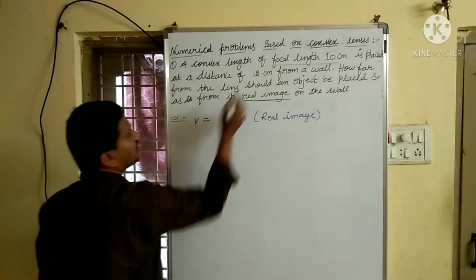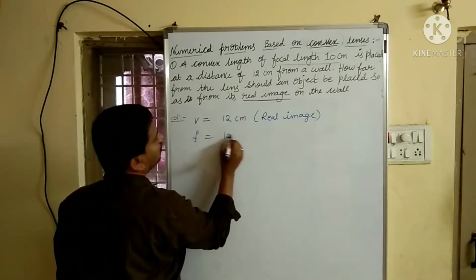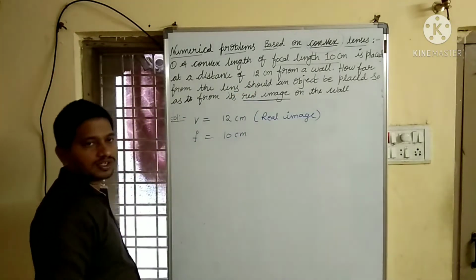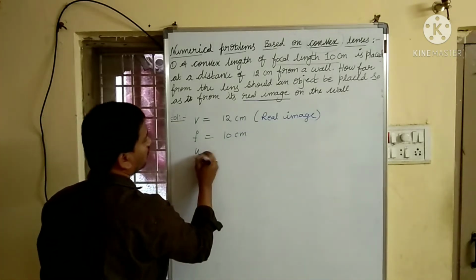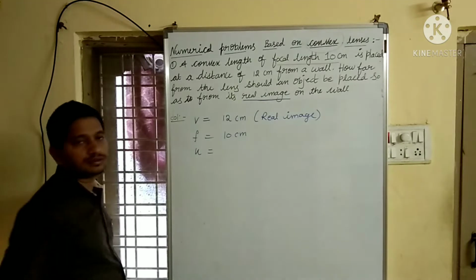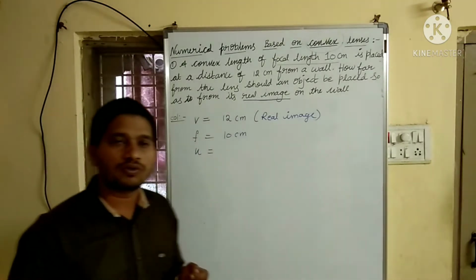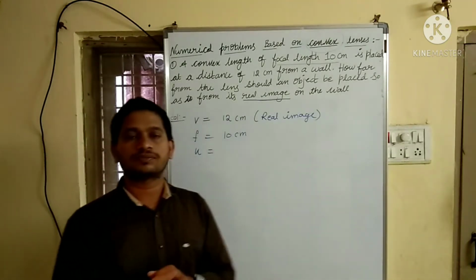Focal length is also 10 centimeter, which is positive only. Now we have to find where the object should be placed, I mean we have to find the object distance, u.